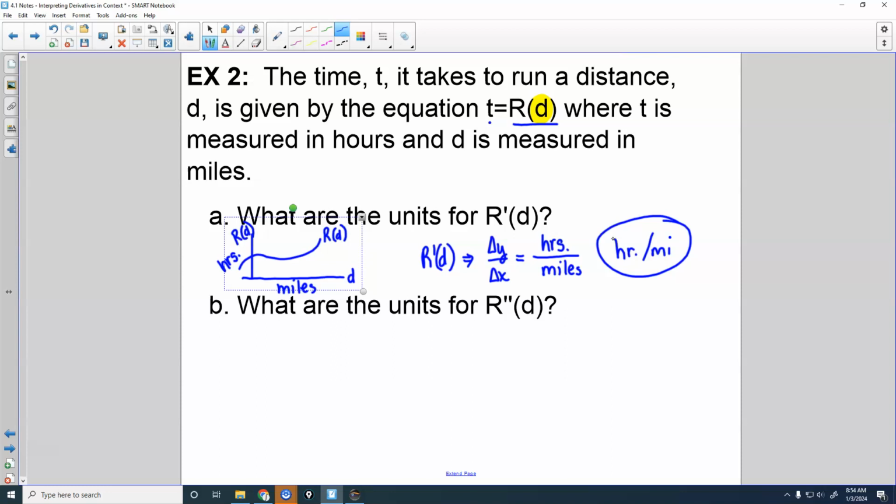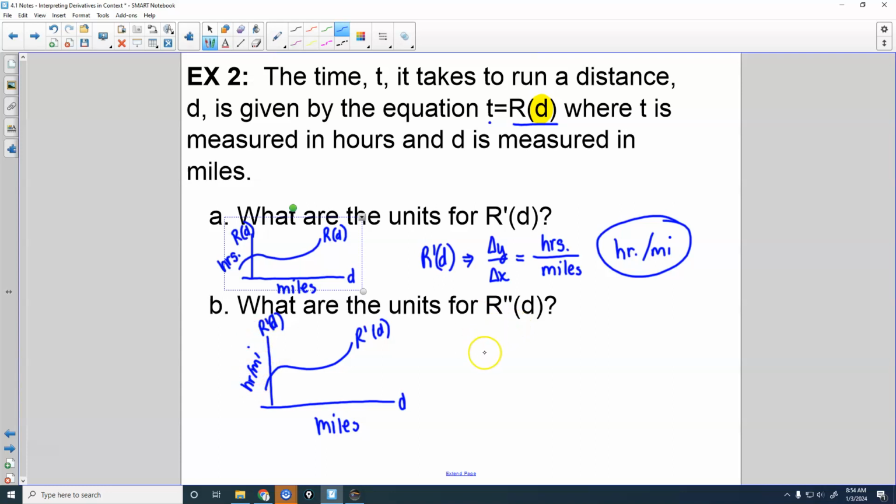Okay, so what do you guys think for the second derivative? What are the units for that? Yes, hours per mile squared. Because if we had R prime of d, this would still be d, it would still be miles. This would be R prime of d, which is hours per mile.